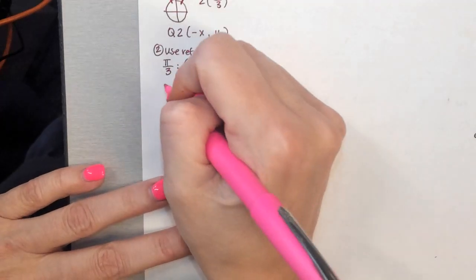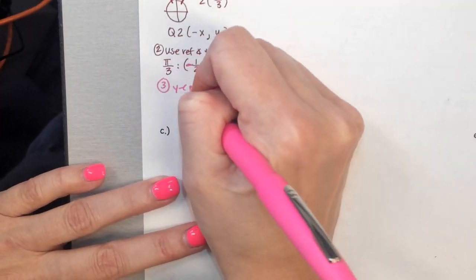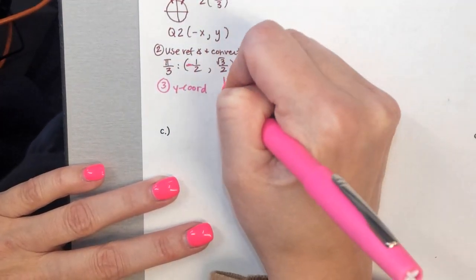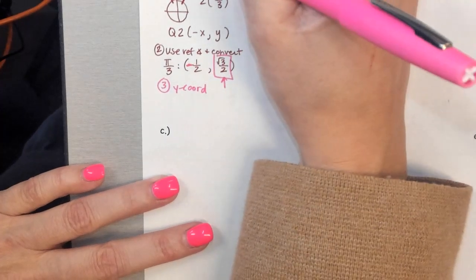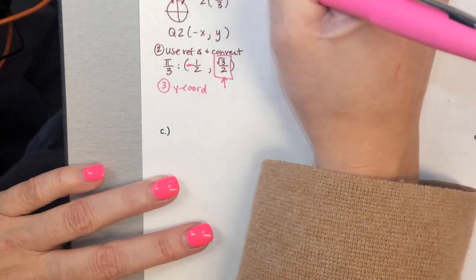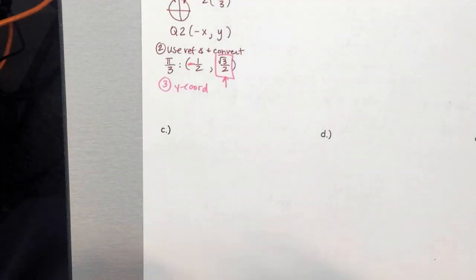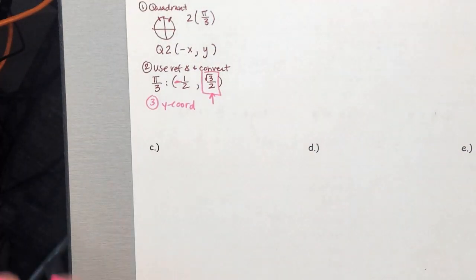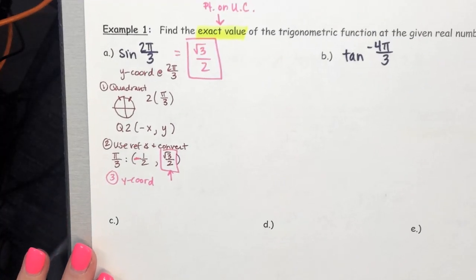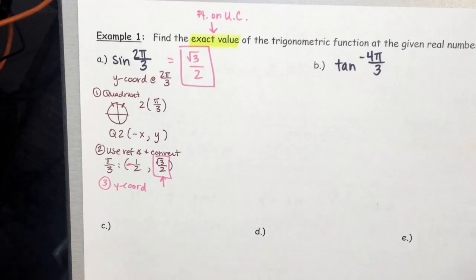And then your third step is to just find the y coordinate, which is root 3 over 2. Okay, like I said, some of you might not need all that. Some of you can do that very quickly, and that is fine. Okay, these are just ways to help people who are having a little more trouble visualizing where that's going to be.